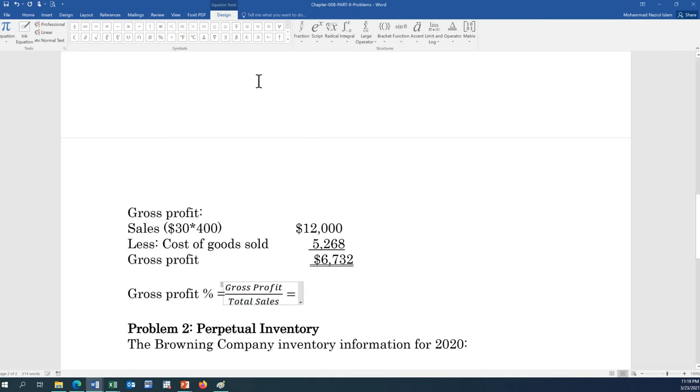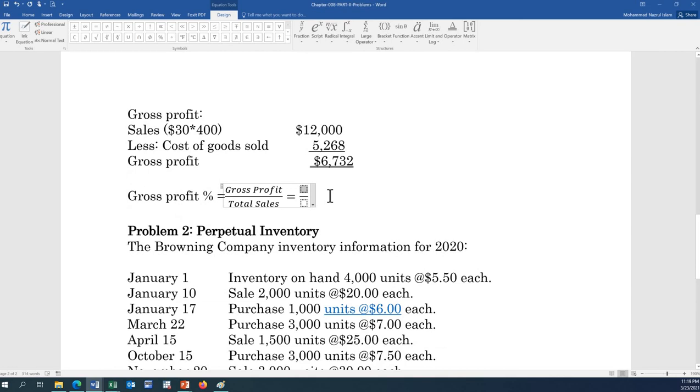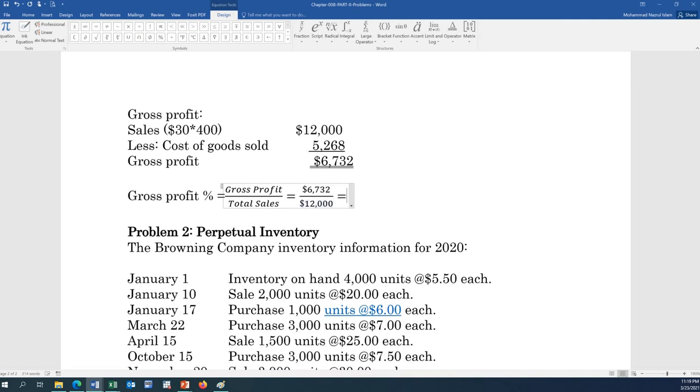Again, our gross profit is 6,732 and total sales is 12,000. So the gross profit percentage is 56.1%.